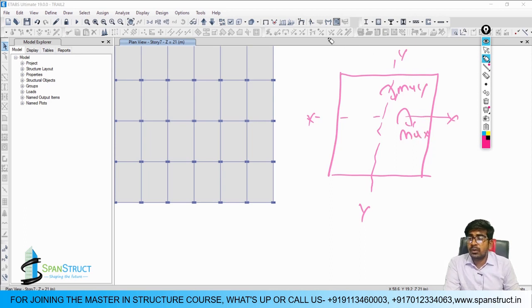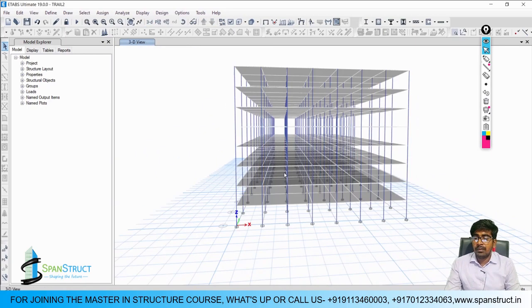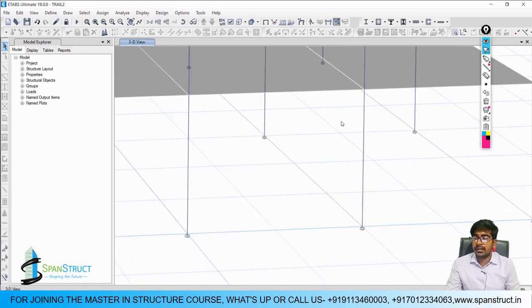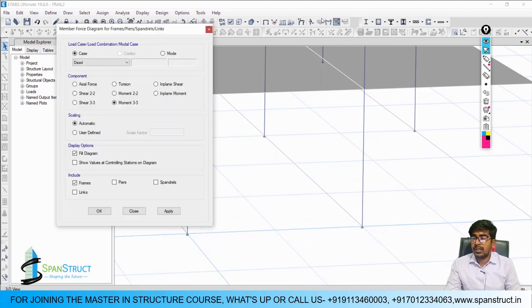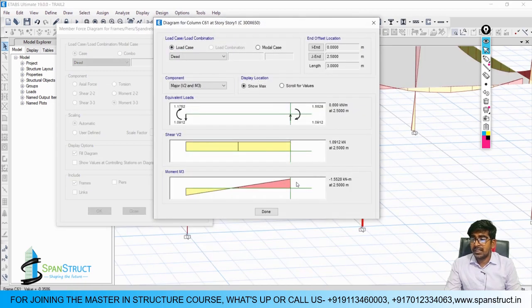If you look at this corner column and would like to see the bending here, I will go to the 3D option and go to the display option. You can find that the maximum bending in the M33 direction is about 1.5.